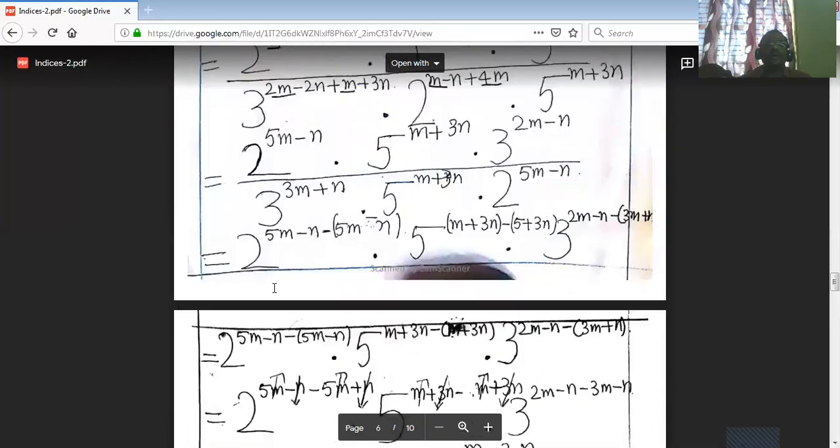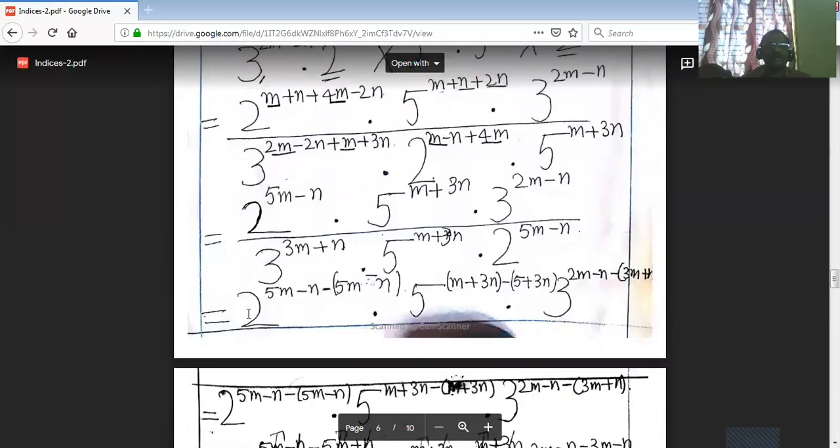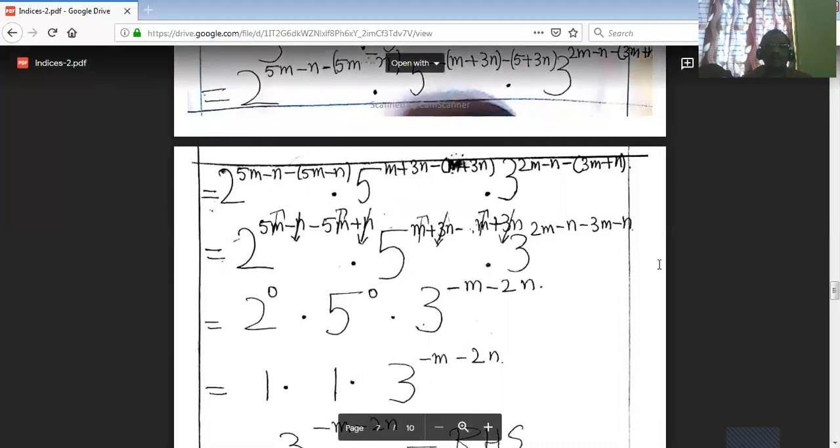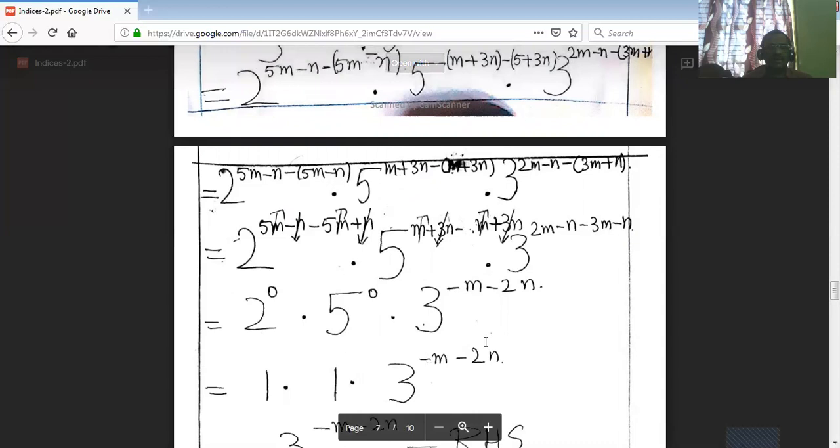Be careful while segregating these powers, as well as classifying the powers into their identical ones. You need to be very careful in this particular step, and after that it's all simple arrangement, 3 to the power of minus m minus 2n.